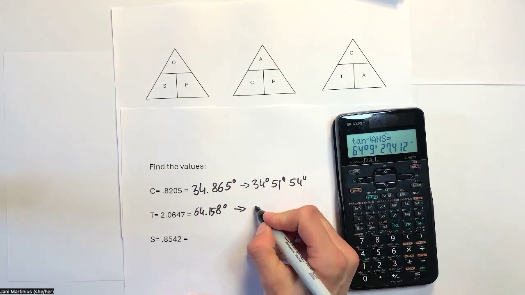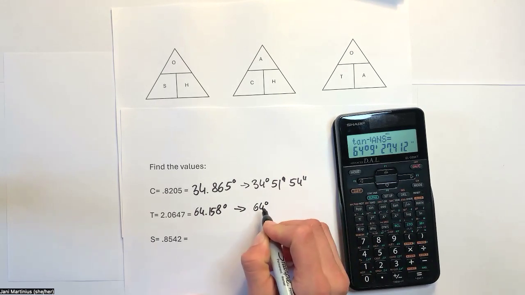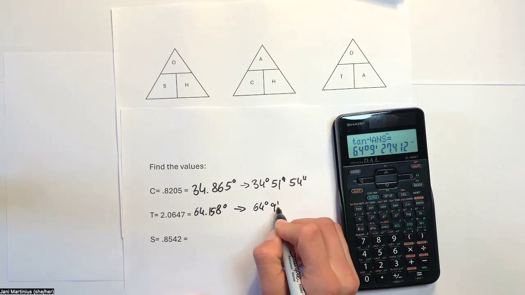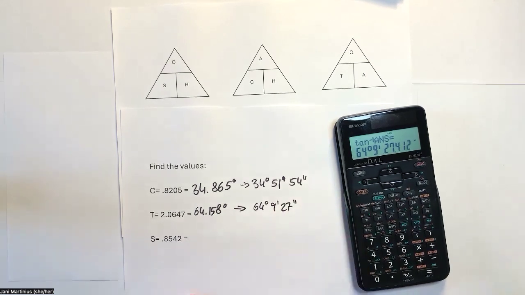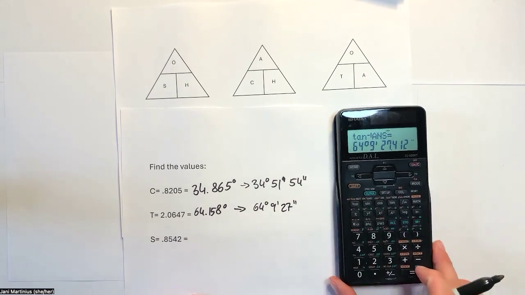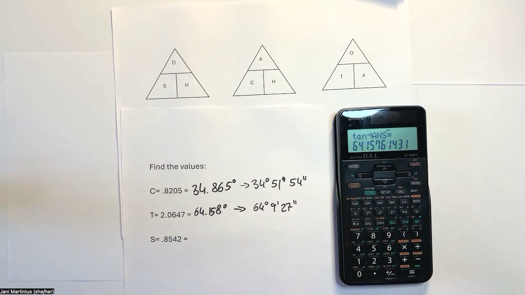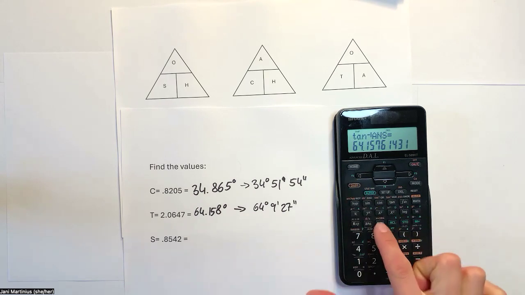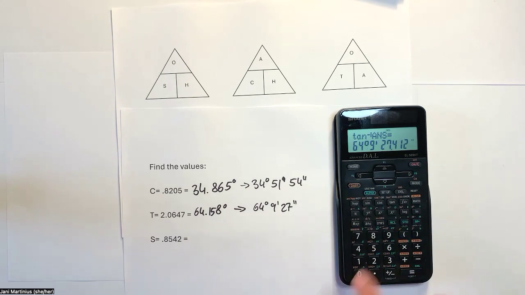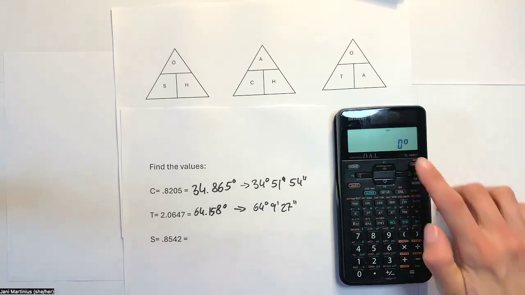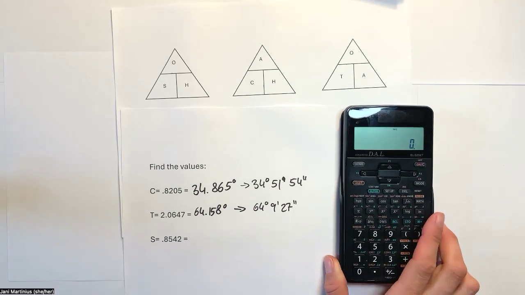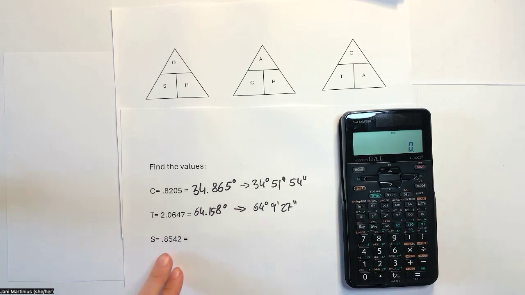And that gives us 64 degrees, 9 minutes, and 27 seconds. If I want to change it back, I always just have to remember to hit the second function first. Then it works. It goes right back. If I forget to hit the second function and I just hit the DMS button, it goes right to 0. Just as a reminder, sometimes you forget to punch something in, and then you think you did something wrong, but all it really needed was one extra button to be pressed.